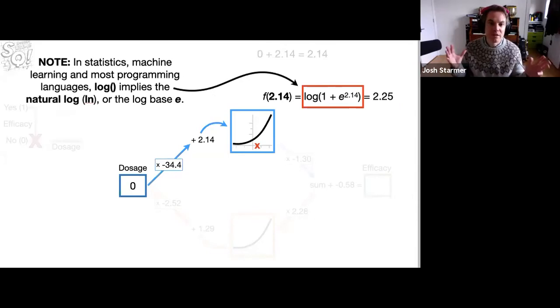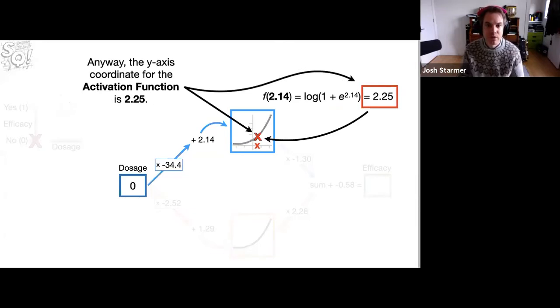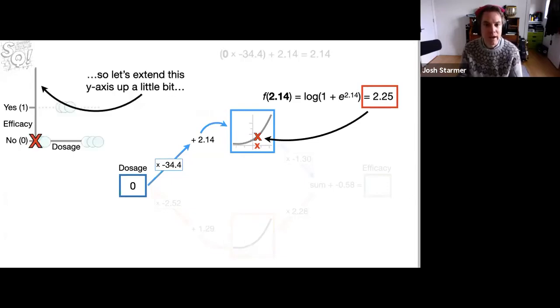Note, in statistics, machine learning, and most programming languages, when we just say log function, we're implying the natural log, or the log base e. Anyway, the y-axis coordinate for the activation function is 2.25. So let's extend this y-axis up a bit and put a blue dot at 2.25 when dosage equals 0.